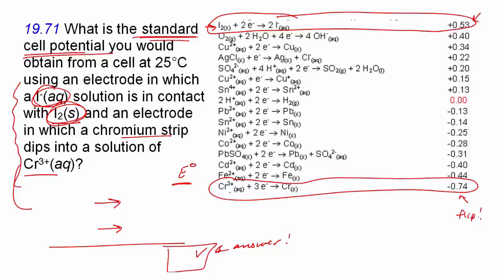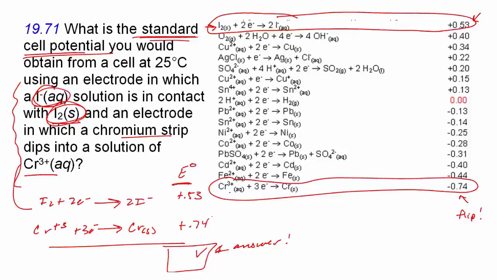So we'll have positive 0.53 for the iodine, and for the chromium, chromium solid, positive 0.74.